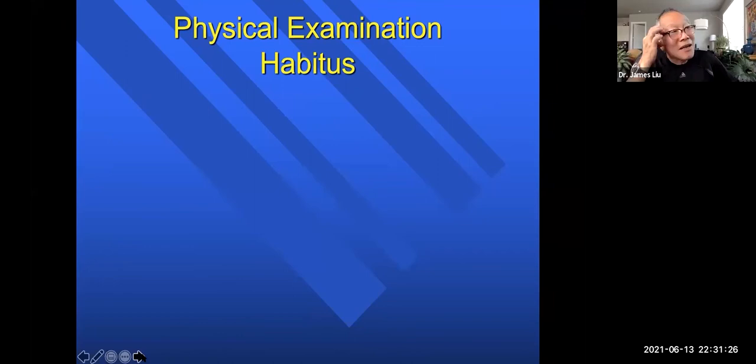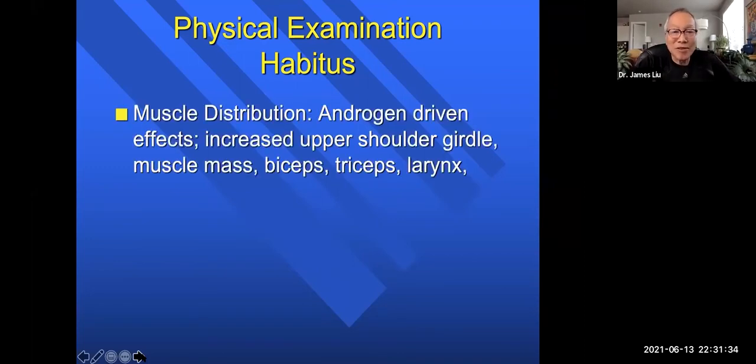So getting back to the habitus, we talked about the fat distribution, but now we need to pay attention to muscle distribution. And muscle distribution in the female is primarily androgen-driven effects. You begin to see increase in upper shoulder girdle muscles.